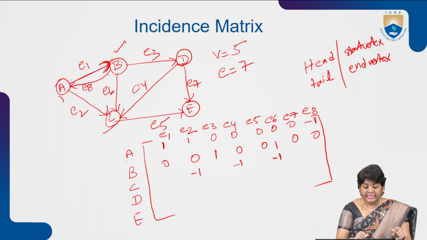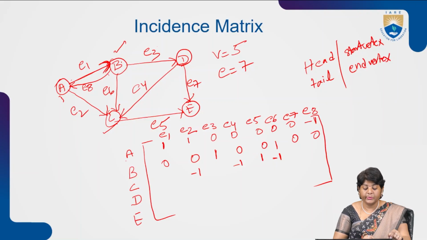But C has an out connection, that is, C is acting as a starting vertex when it is traversing from C to E. So edge E5 we will mark as 1. For the remaining edge connections it is 0.